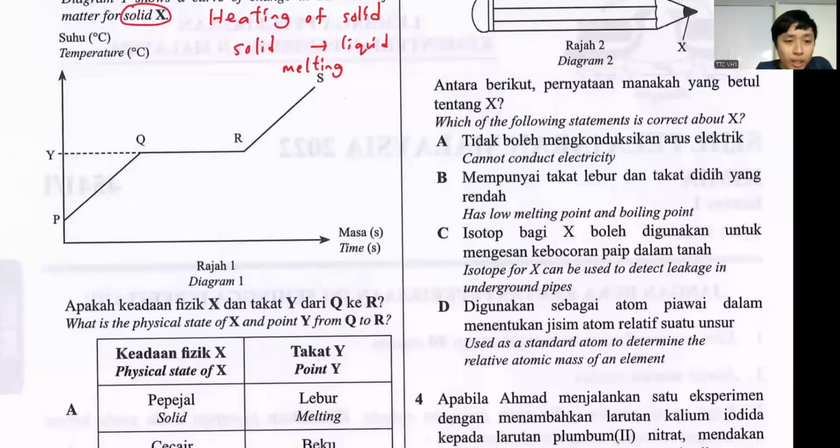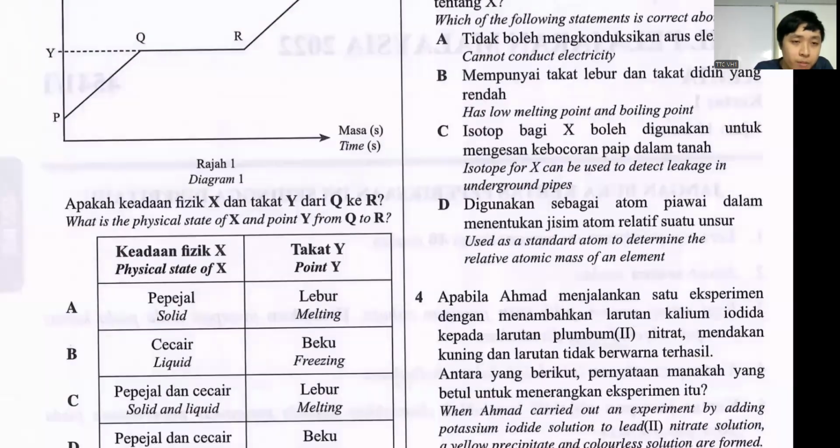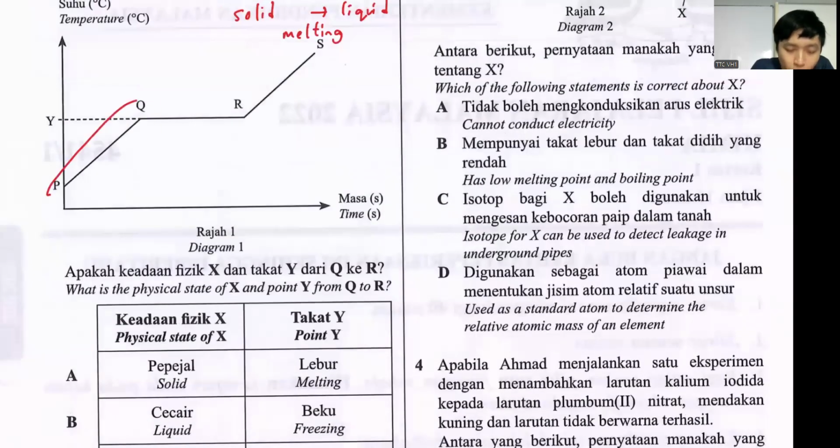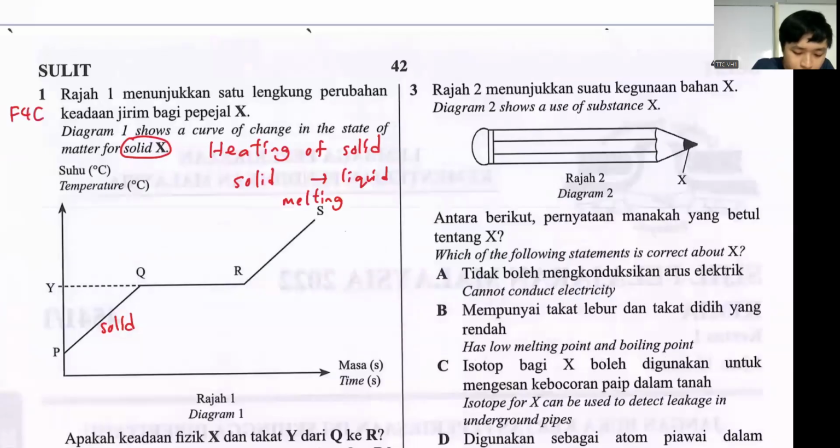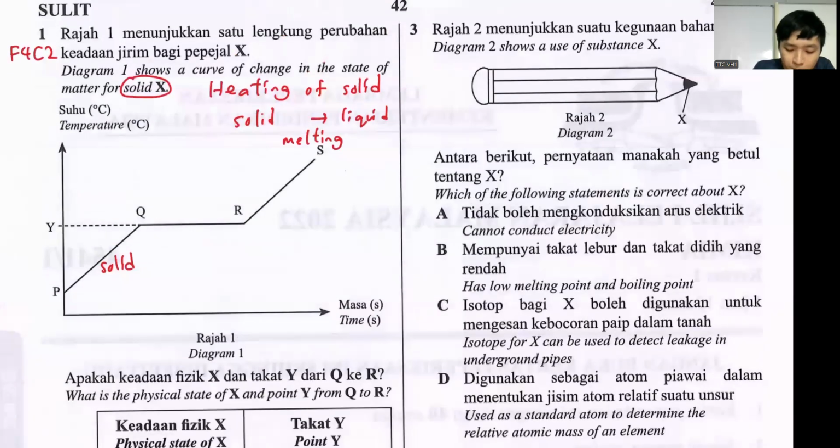So what is the physical state of X at point Y from Q to R? P to Q, when the temperature increases, is solid. By the way, this is Form 4, Chapter 2. R to S is liquid. Then Q to R, the temperature is constant.